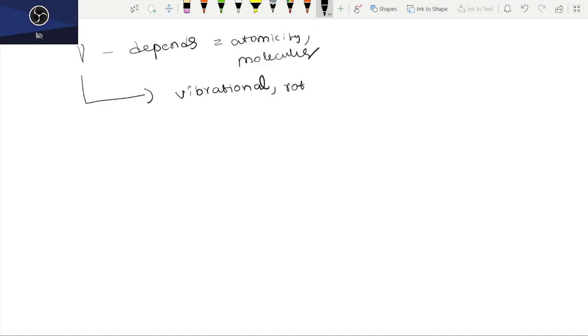Similarly, when an object is rotating, energy is produced, and how much is produced matters. Translational energy is how much energy is produced when an element is translated from one form to another.